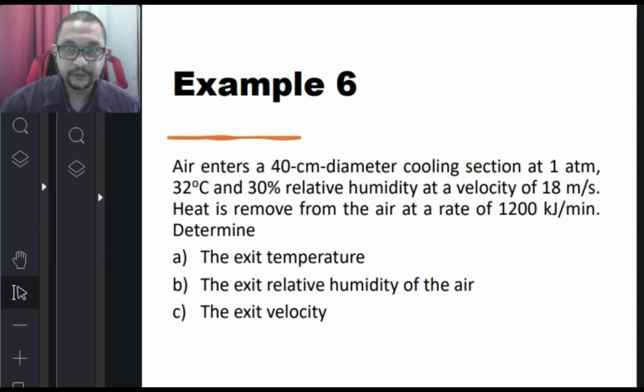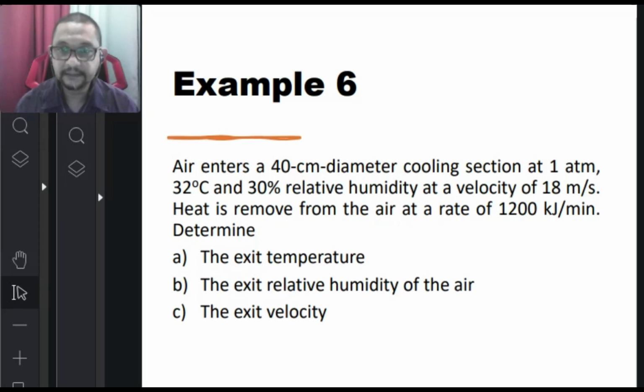Now let's look at another example. Example number 6. This is an example about the process of cooling. Air enters a 14 centimeter diameter cooling section at 1 atm, 32 degrees Celsius, and 30% relative humidity at a velocity of 18 meter per second.